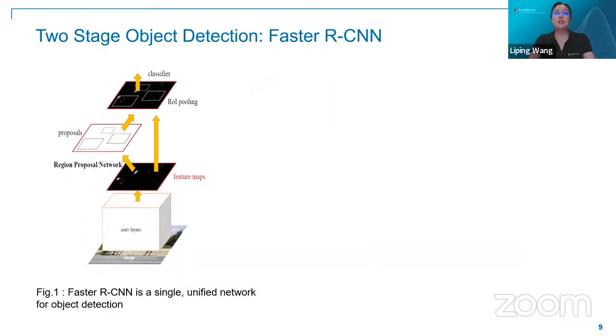A famous 2-stage object detection algorithm is named Faster R-CNN. It's a kind of single unified network for object detection. In this network, the images go through the convolutional layers to generate a feature map. Then a region proposal network suggests some regions of interest, like the green bounding boxes in this picture.